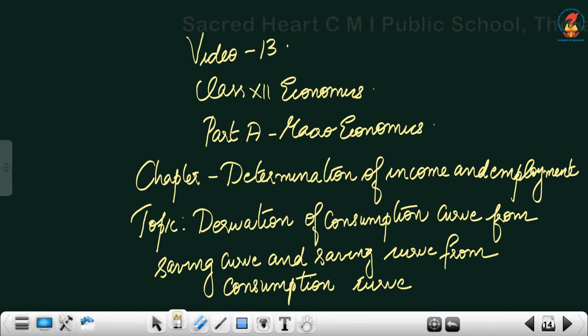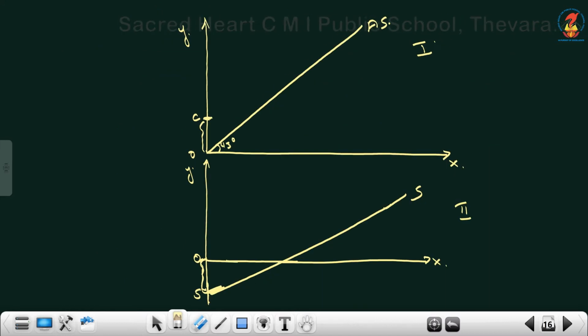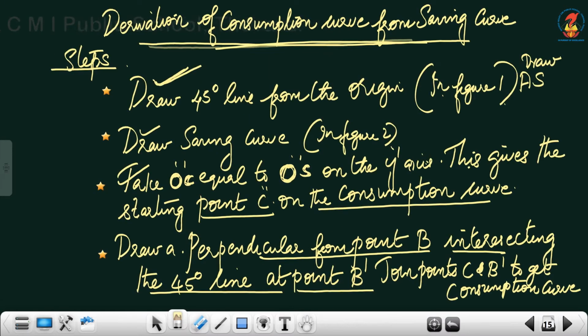To draw a perpendicular we draw the arc, right? Draw a perpendicular from point B intersecting the 45-degree line at point B1.